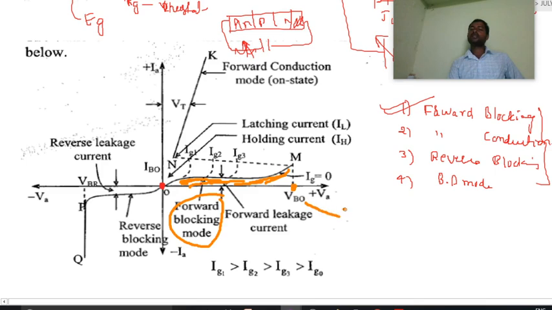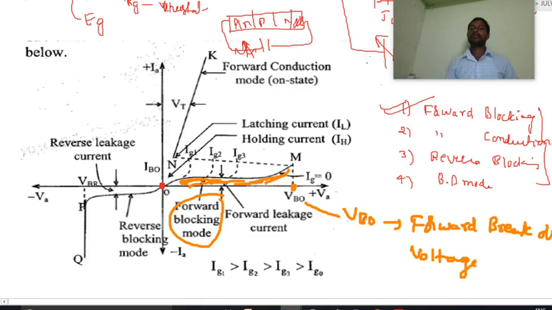If you increase the voltage beyond this point, this is VBO, the forward breakover voltage.